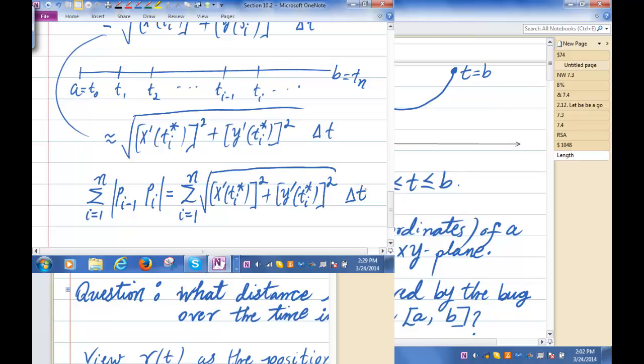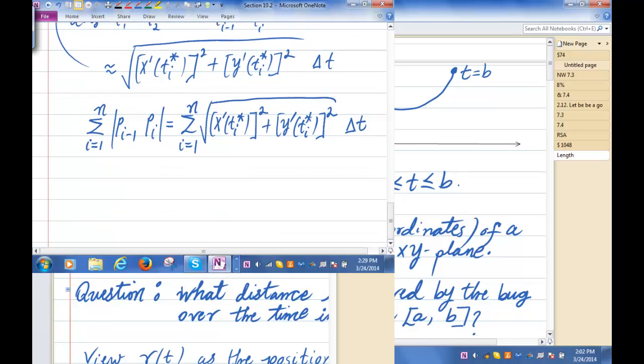Everybody's okay? Now, can someone tell me, does this look like a Riemann sum? It looks like the Riemann sum of what function?